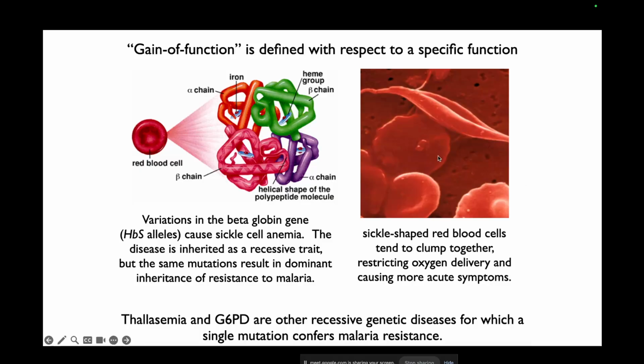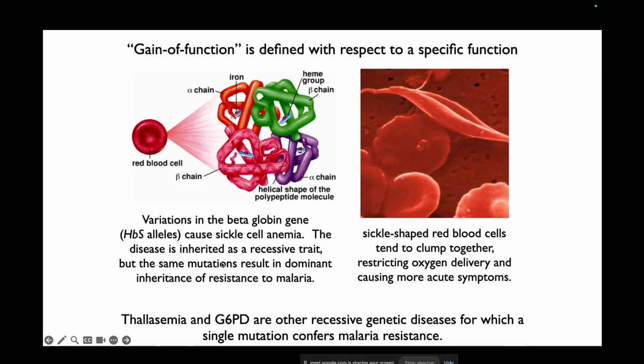This is caused by a single point mutation in the beta globin gene, the HBB gene, that is affected, and it causes sickle cell anemia.